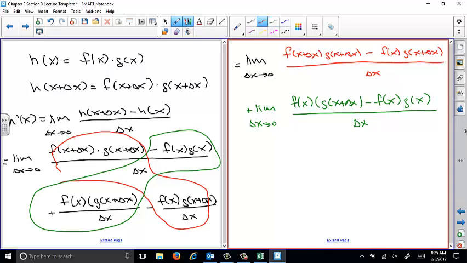And then what I can do is I can factor out g of x plus delta x here. So you'll have the limit as delta x goes to 0 of g of x plus delta x times f of x plus delta x minus f of x divided by delta x. And then the second part, I'll factor out f of x instead.